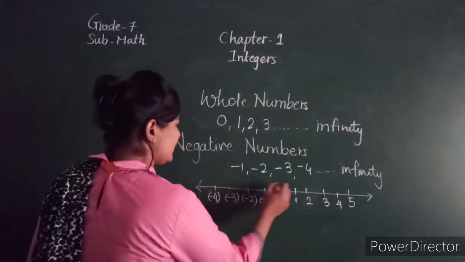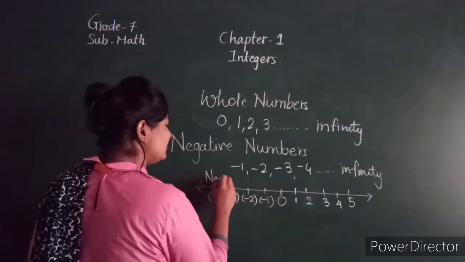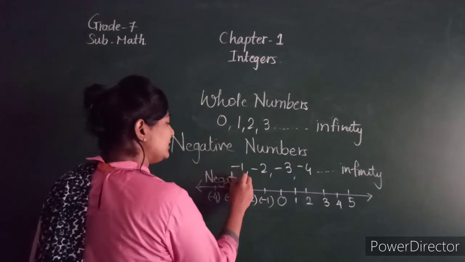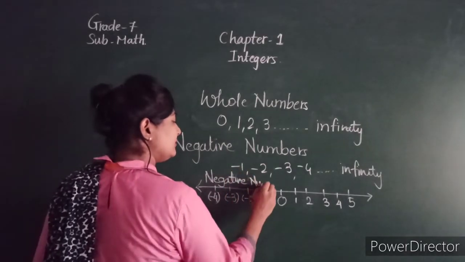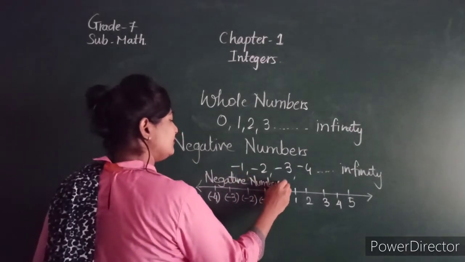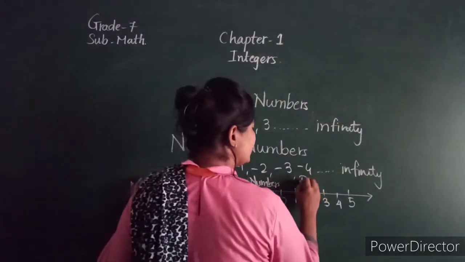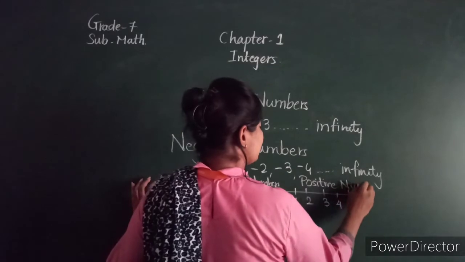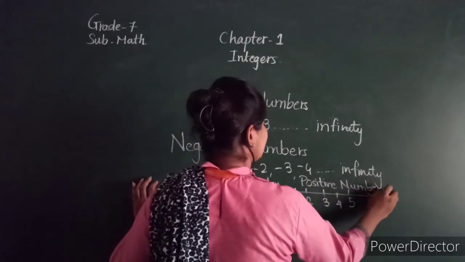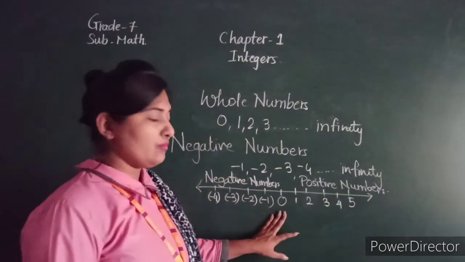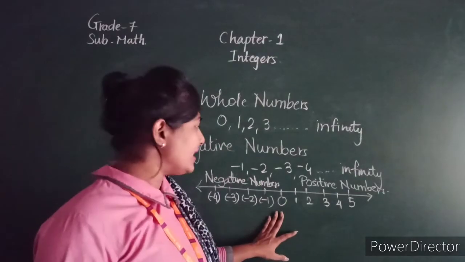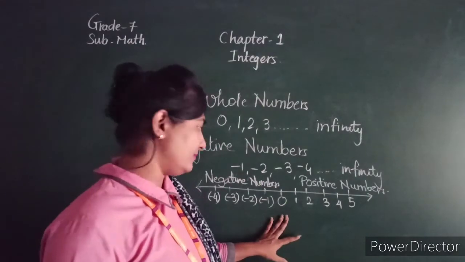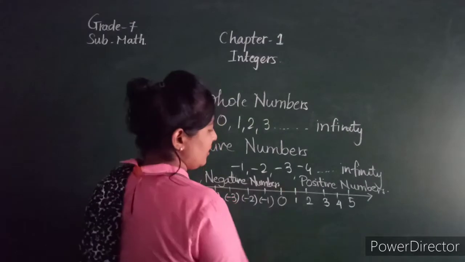Here negative numbers and here positive. So 0 is neither negative nor positive. 0 is neutral here.